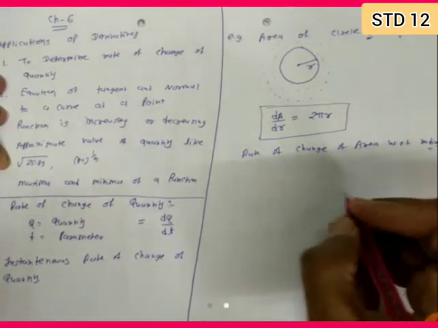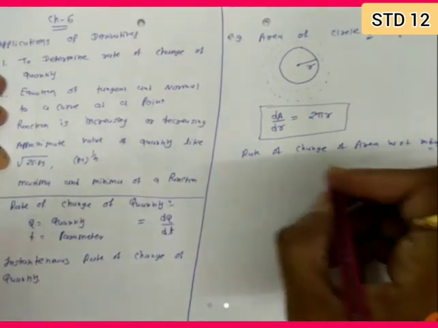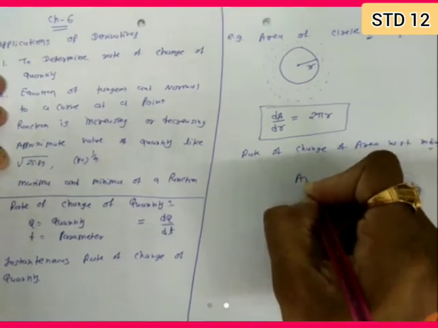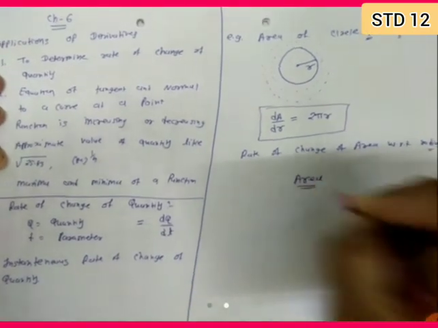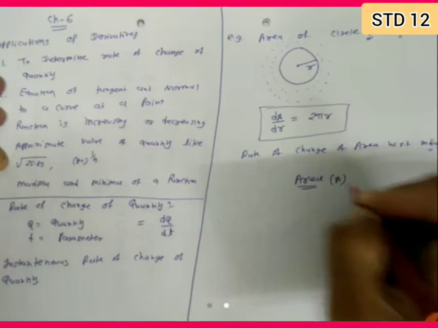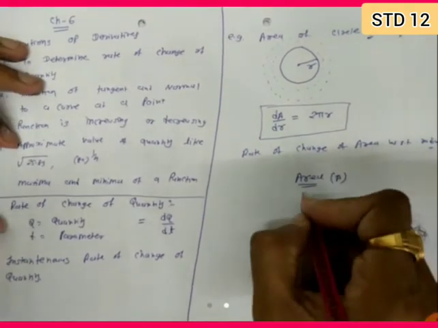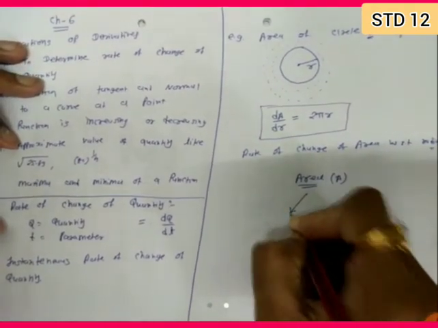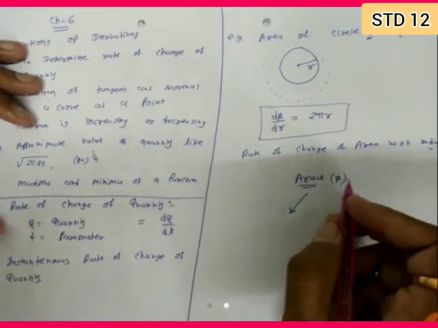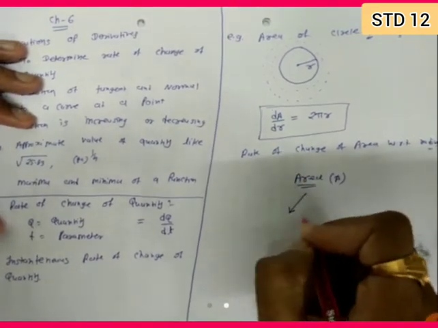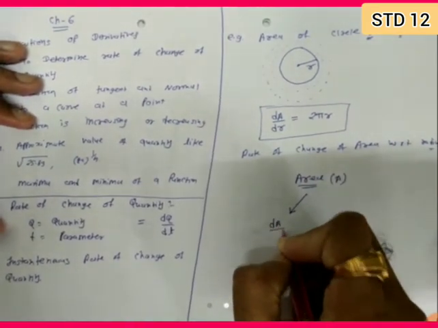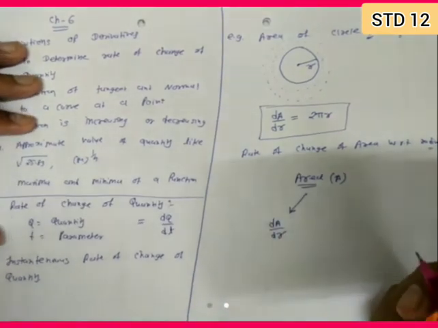Here two options are there. Suppose the quantity is the area of a circle, and that area changes with radius. First case, in our example, we considered the area of the circle changing with radius. So here we represent dA by dr, the rate of change of area with respect to r.